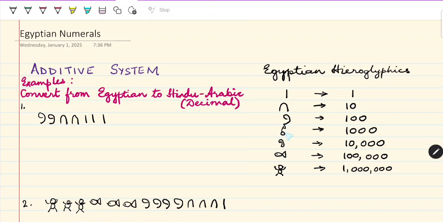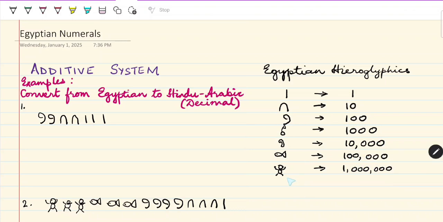Then this symbol here is considered to be a picture of a lotus flower, that has value 1000. Then we have a pointing finger, is what it was called, that has value 10,000. Then this fish-like picture is really supposed to be a tadpole, and that has value 100,000.